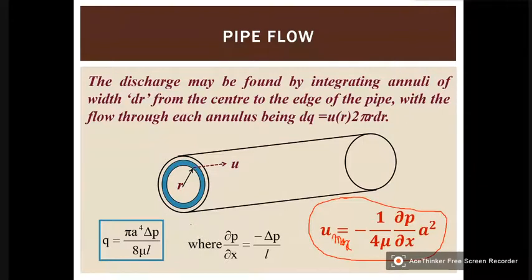That is our positive X direction. U can in no case be negative, because U is the velocity in the flow direction. Followed? So U always is positive.